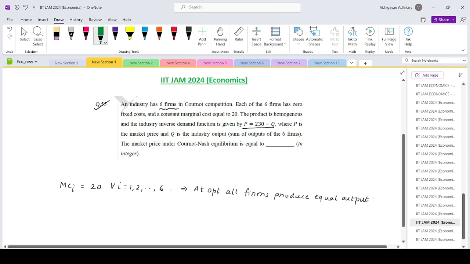So if I take the profit of firm 1, the expression pi 1, which will be P into Q1 minus C1. The price is 230 minus Q, so that is 230 minus (Q1 plus Q2 all the way till Q6) into Q1, minus 20 Q1.